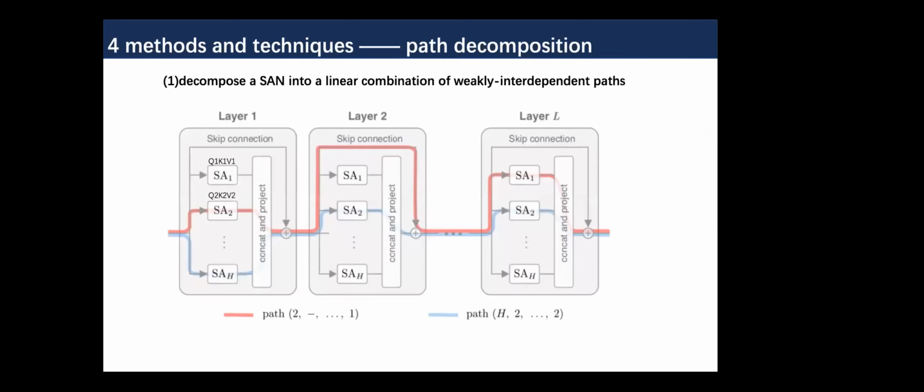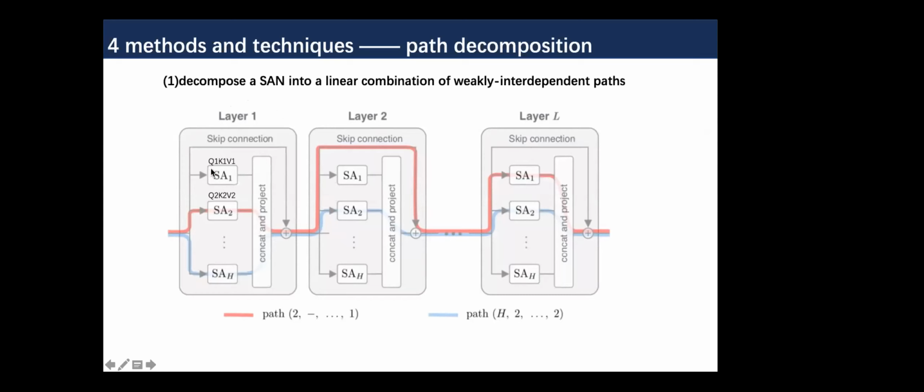Okay, and this part is methods and techniques. We will first start with the path decomposition, and we can see this image here. It's the structure of the SAN. We have L layers here, from 1 up to L, and inside every layer we have many heads.